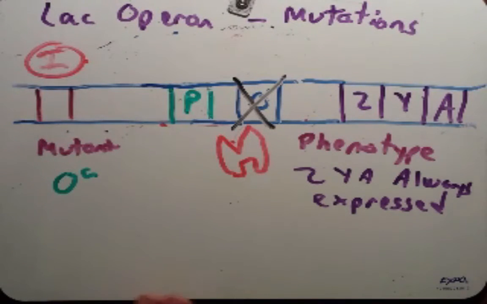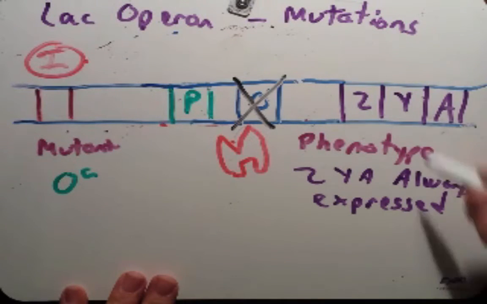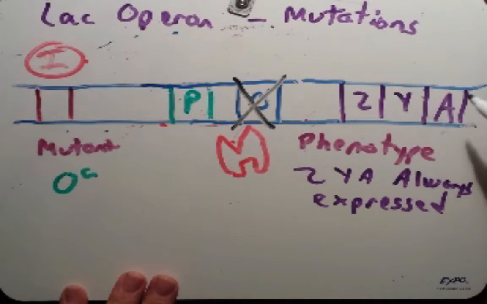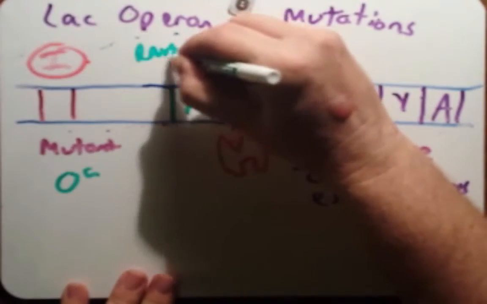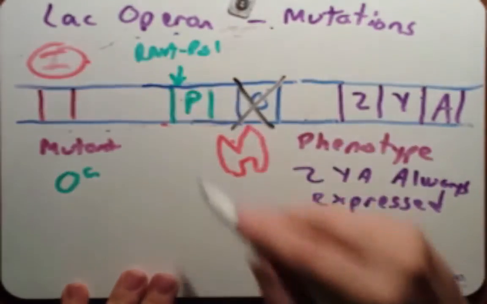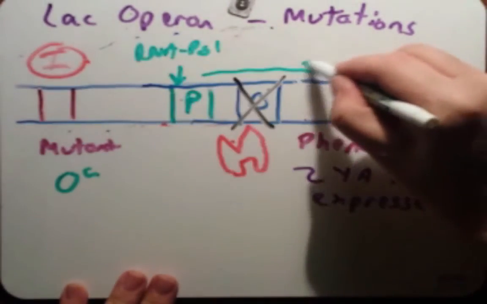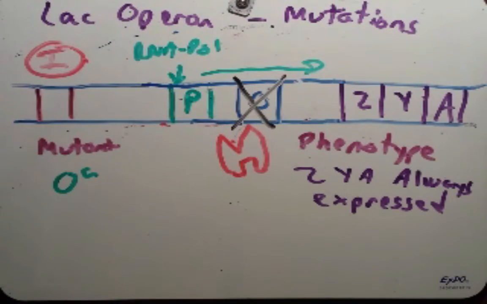So again, when we remove the operator in these OC mutants, we allow the continuous expression of ZYA. And the reason for that is because RNA polymerase now is unobstructed. It can bind to the promoter. It's never going to be blocked by the repressor and transcribes the genes ZYA.